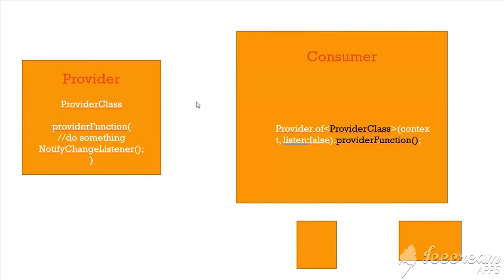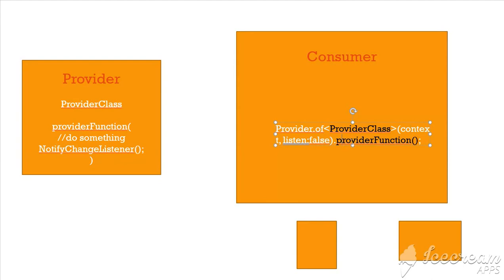And how do you access this data in the consumer? Of course, you use this provider.of. You provide this class name here, which is the provider class, and you also provide the context of this consumer. And then you set listen to false, because we are not listening to any values here in this class. If we want to listen to some values, we can set this listen to true.